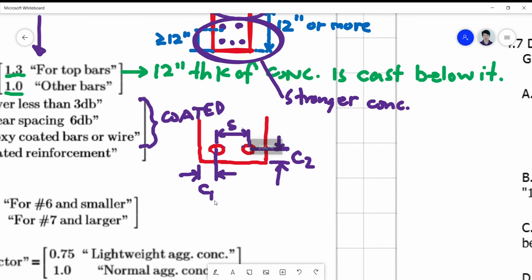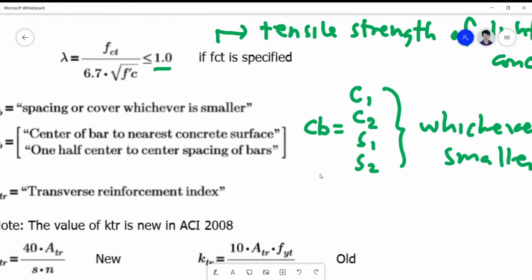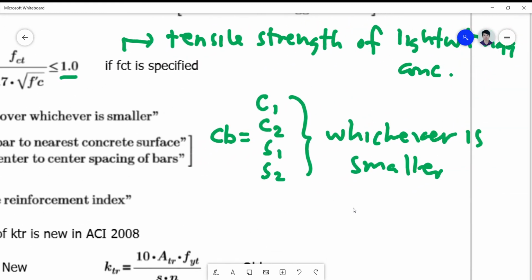Since there's a 1/2 here, we have to divide this by 2. So S1 over 2. So you get the smaller of this, and that will be your Cb.